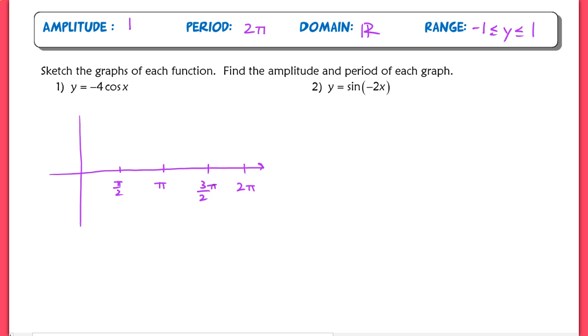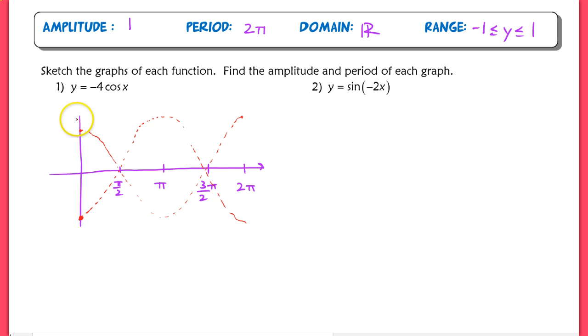Okay. I know that the cosine function typically, I'm going to do this in red, and I'm just going to sketch this really quick, goes through and looks like this, right? Well, I don't want to use this because now I'm reflecting it, so now it goes like this, okay?